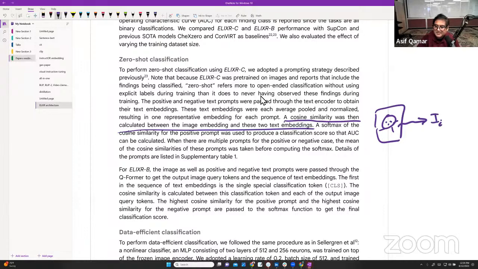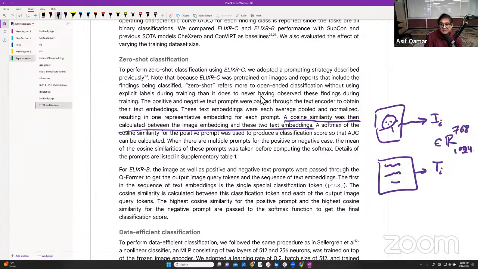And then you have a text, which becomes a text vector. These vectors belong to very high dimensional spaces, typically 768 or 1024 dimensions.